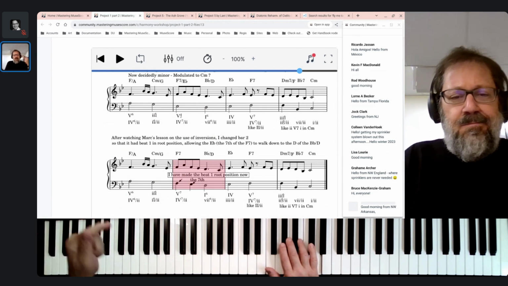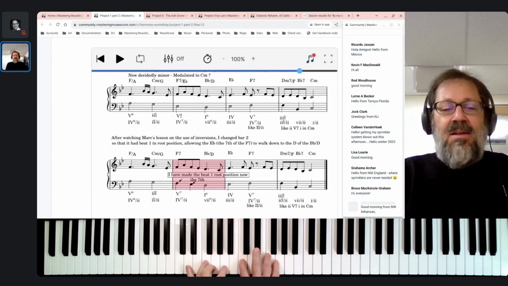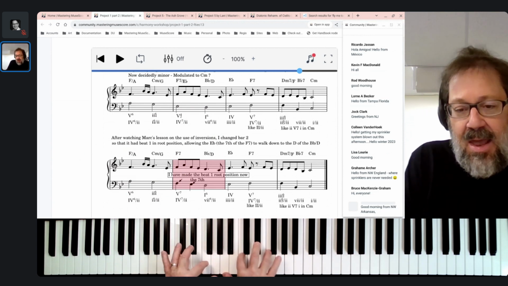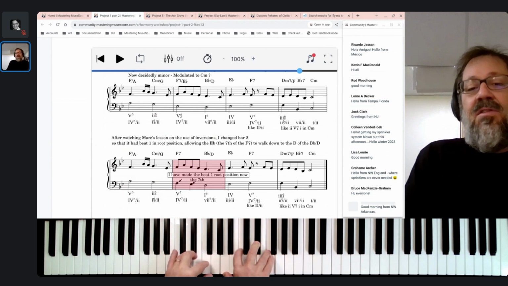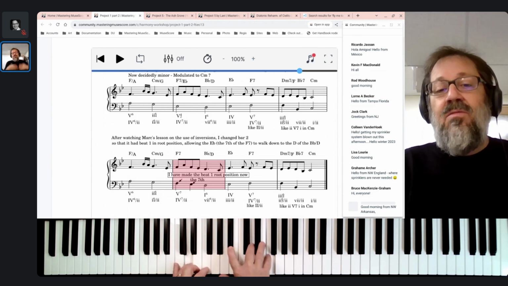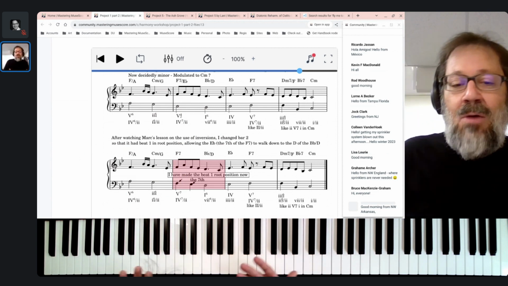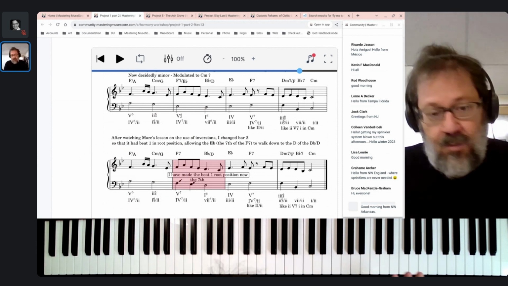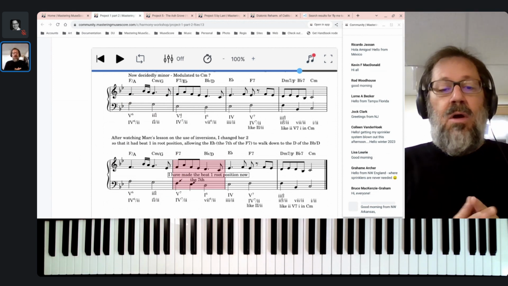So with that in mind, this idea of taking a 5 chord in root position, then walking down with the 7th in the bass, and then coming to the 1 chord in first inversion, that is just such a powerful sound. And it is all over music going back to the Baroque era.